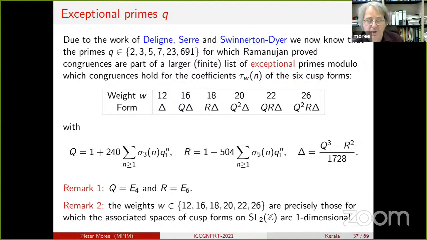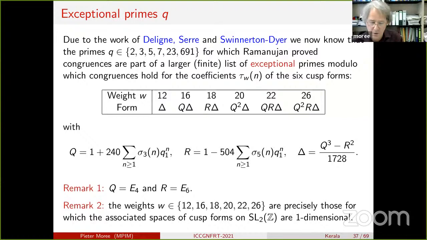And our starting point is now, instead of delta that we saw before with the Ramanujan tau function, we're interested in the following 6 cusp forms. And so why the 6 cusp forms? Special feature here is that the dimension of the space of cusp forms is in all these cases one-dimensional.